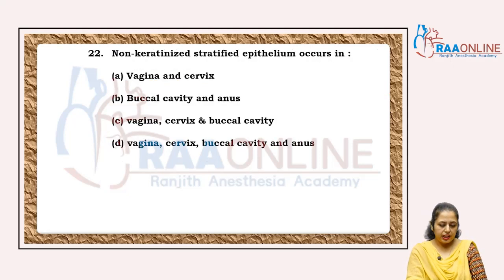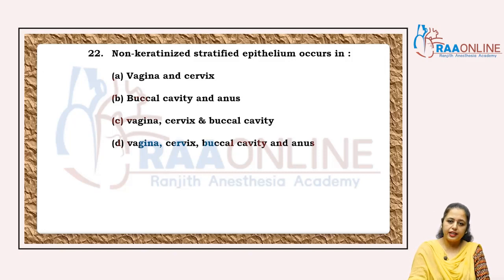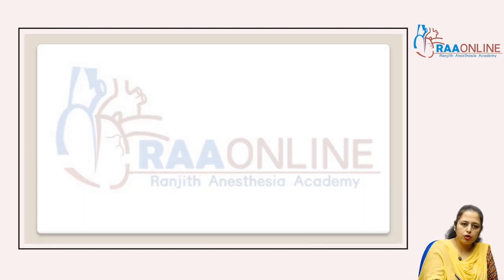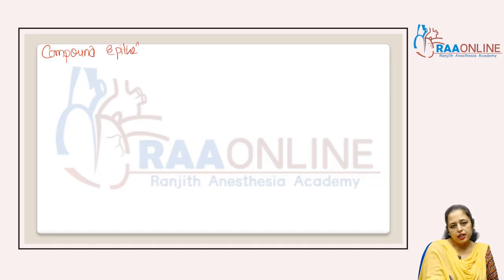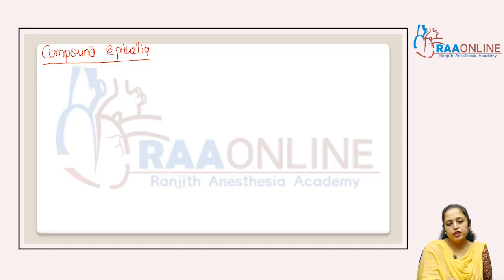Non-keratinized stratified epithelium. Now what is keratinized and non-keratinized? When we talk about the compound epithelia, the compound epithelia help in secretion. They are made up of more than two cells, right? That's why they are compound. They are of two types.